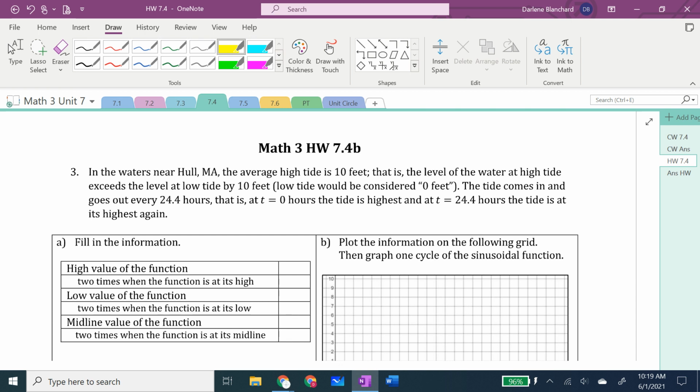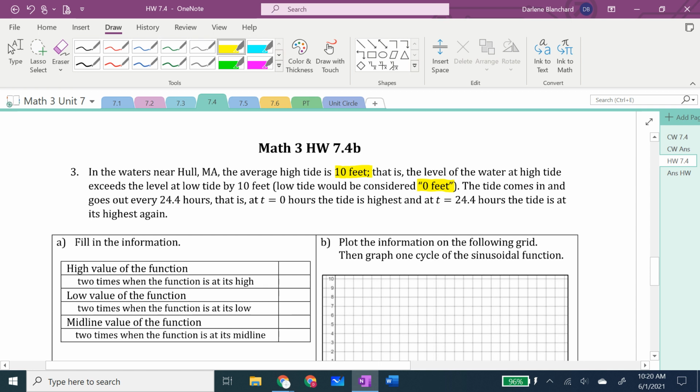We are told the average high tide is 10 feet. And we are told the level of the water at high tide exceeds the level at low tide by 10 feet. So in other words, low tide is 0 feet. So those are some really important pieces of information there, but I'm not going to tell you where they go.